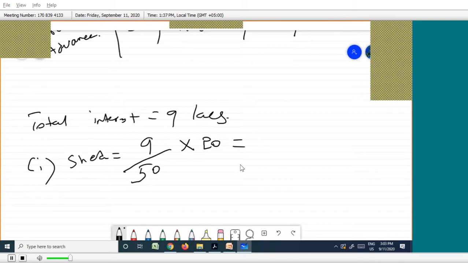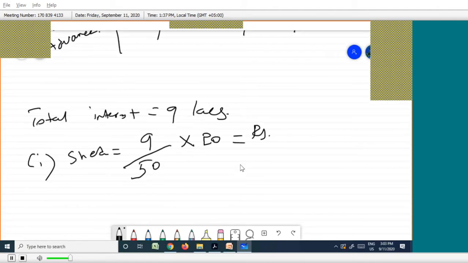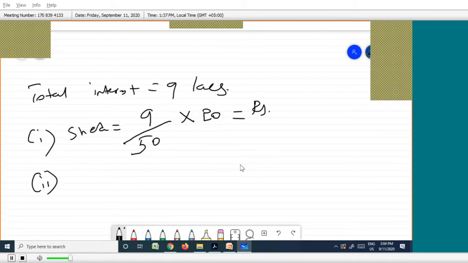So 9 divided by 50 into 20 equals how much? Just tell me. Take your calculator. 3.6 lakhs. Correct. Don't read the answer.